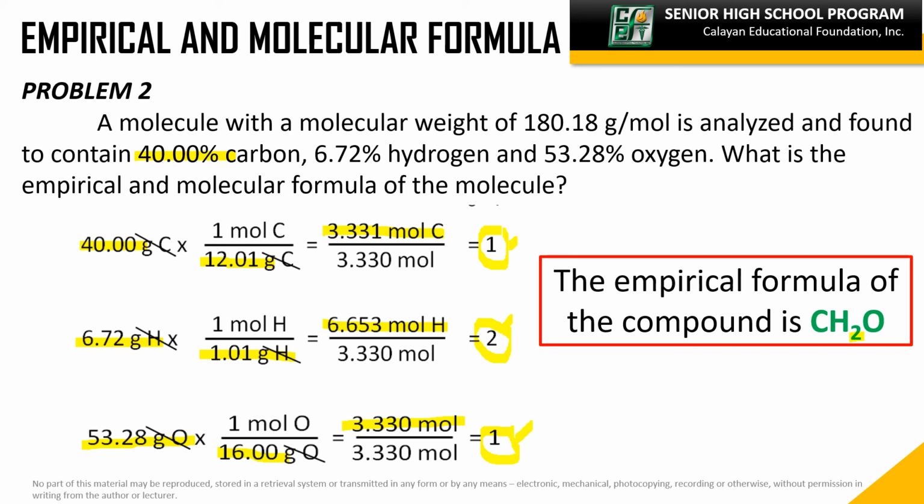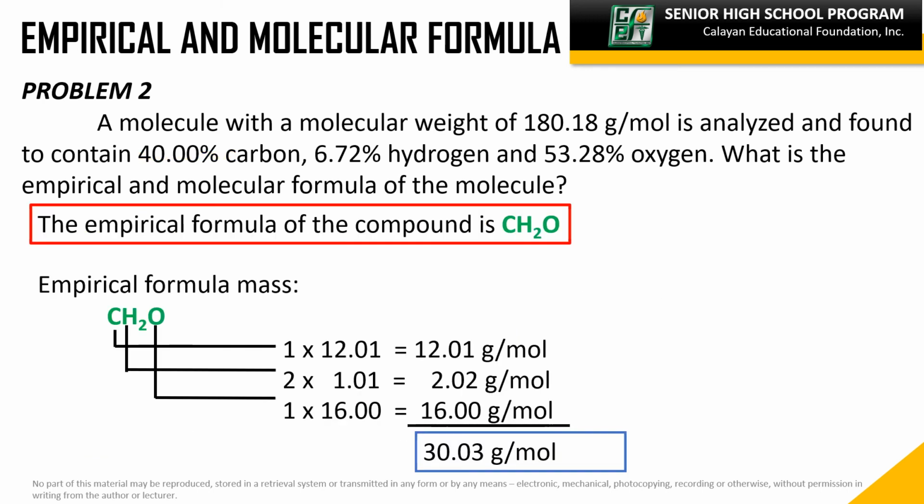Now, since we already have the empirical formula, let's solve for the molecular formula of this molecule. First, we have to get the empirical formula mass for CH2O. There is 1 atom of carbon, 2 atoms of hydrogen, and 1 atom of oxygen. The atomic mass of carbon is 12.01, hydrogen is 1.01, and oxygen is 16.